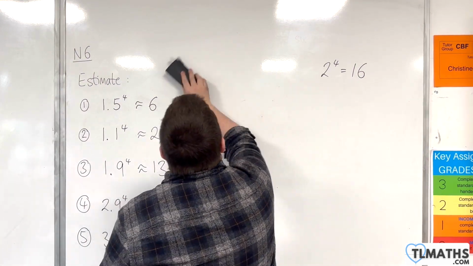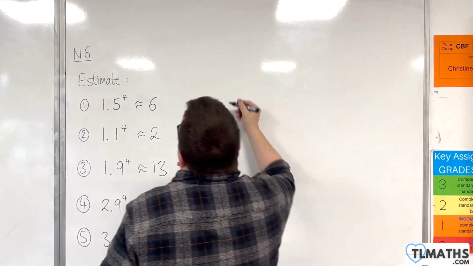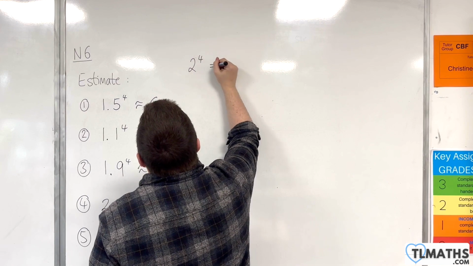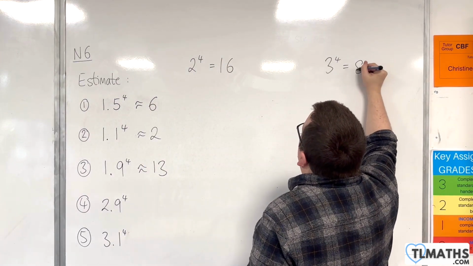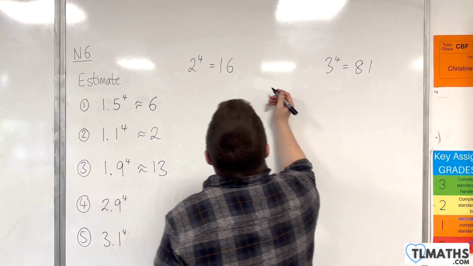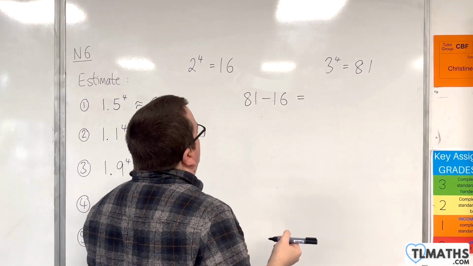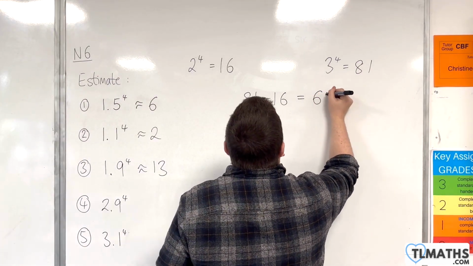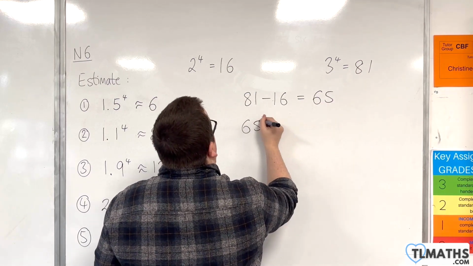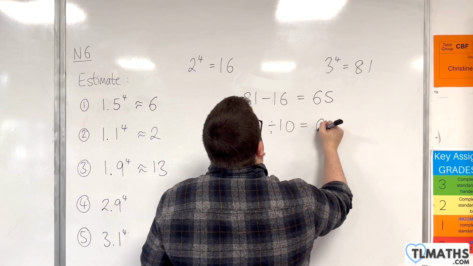Right, next example. We've got 2.9 to the 4. Okay, well that's going to be somewhere between 2 to the 4, which is 16, and 3 to the 4, which is 81. So 81 take away 16 is going to be 65. And 65 divided by 10 is 6.5.